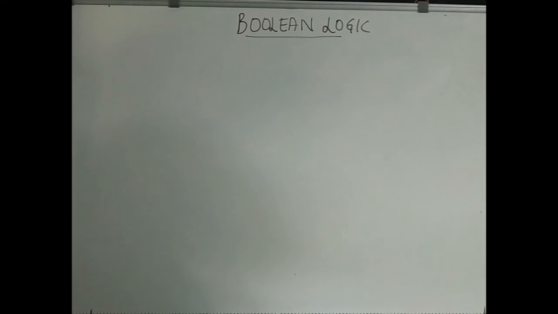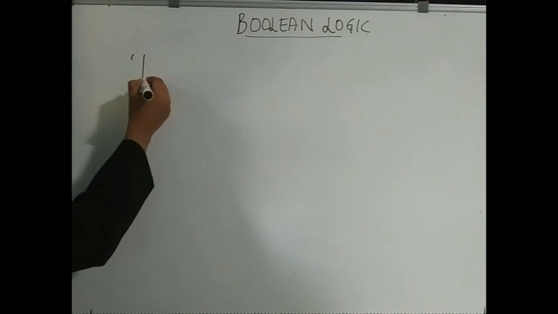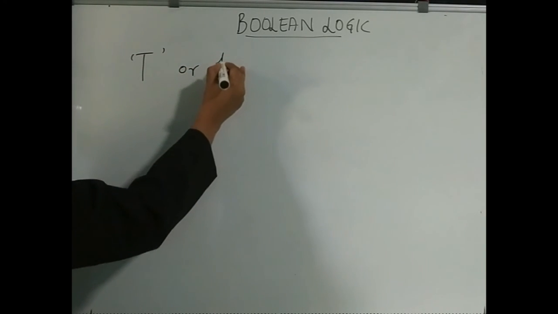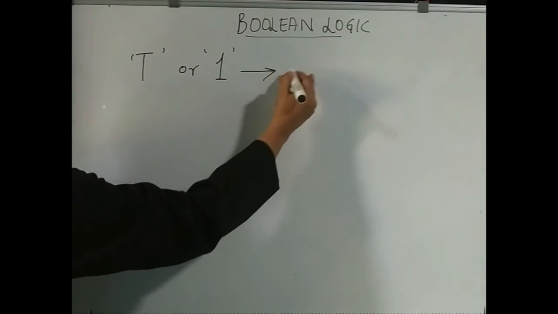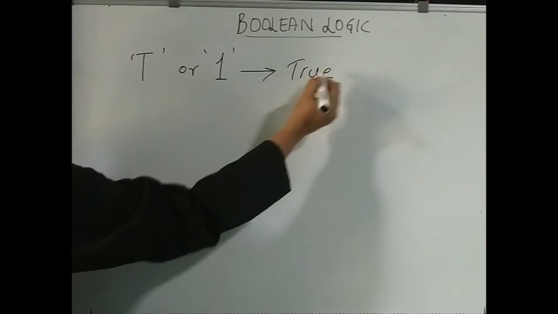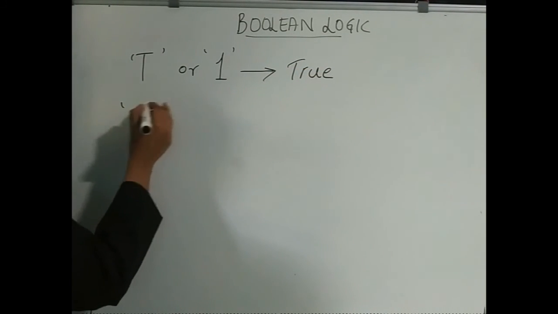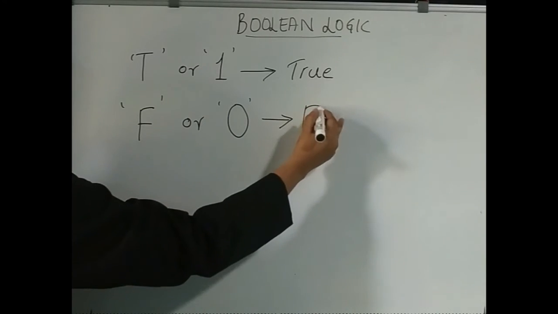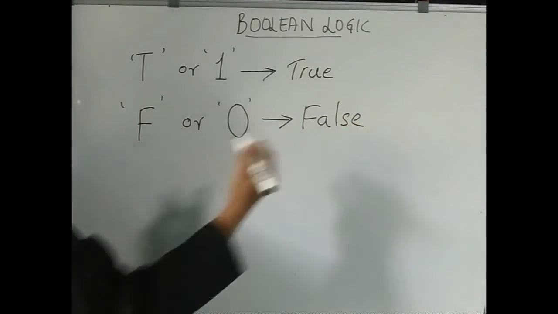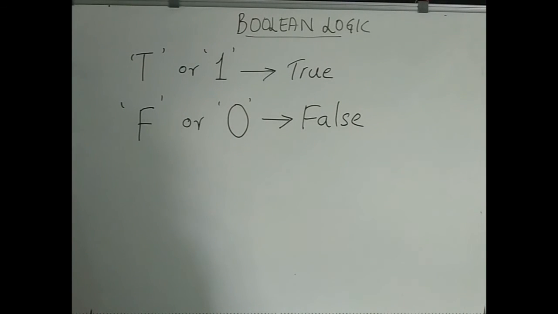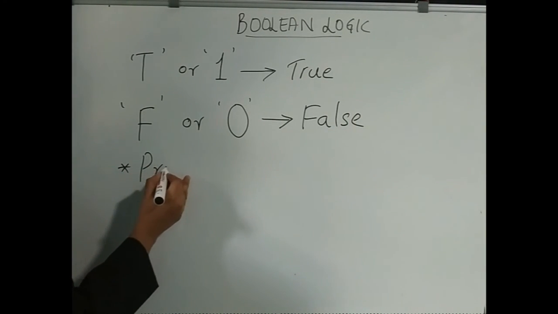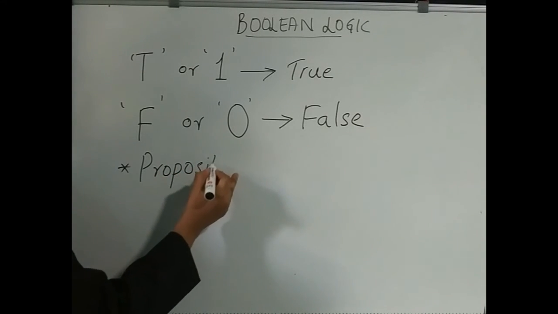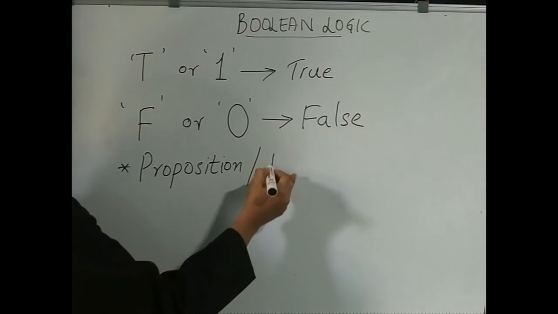The letter T or the digit 1 corresponds to the true value or yes, and the letter F or the digit 0 corresponds to the false value or no. These are the two values, and a statement which evaluates to either true or false is called a proposition, or it is also called a logical statement.